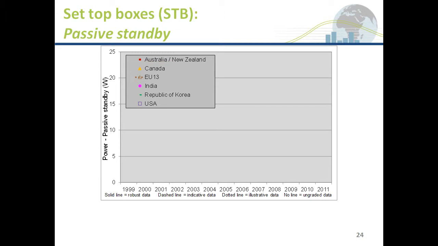Finally, looking at set-top boxes and their passive standby performance, we firstly should note that the scale on the left-hand vertical axis here goes from 0 to 25 watts.